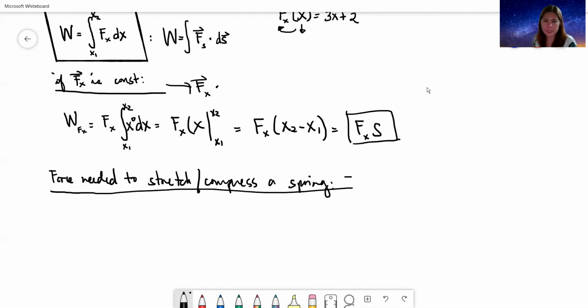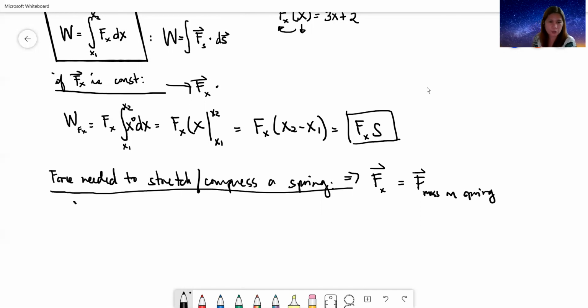Basically, let's call this Fx. In terms of action-reaction pairs, this force that we need to stretch a spring in a spring mass system would be the force of the mass on the spring.